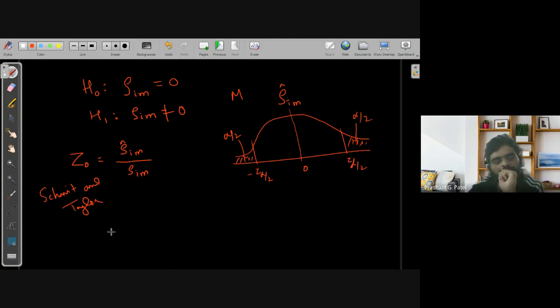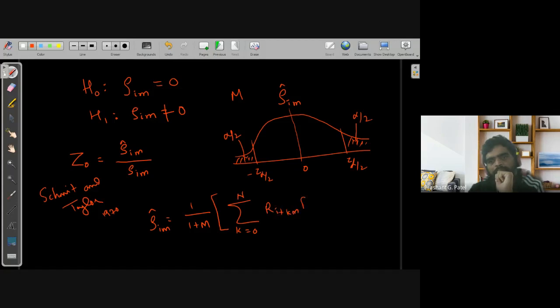In 1970, the formula is rho Im cap is 1 upon 1 plus M, summation k running from 0 to capital N, Ri plus km into Ri plus km plus 1m, minus 0.25.